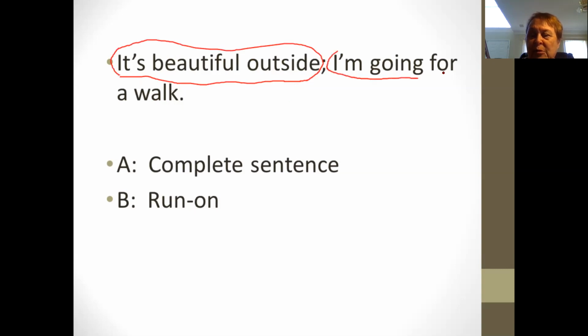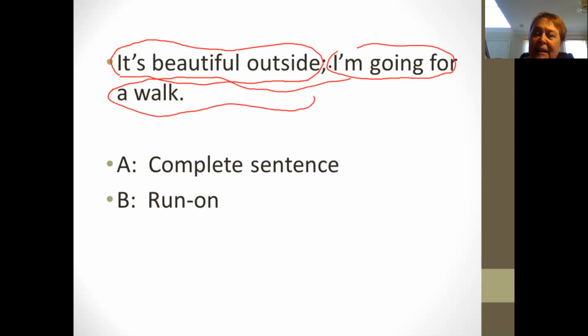I'm going for a walk is the second one. Okay. And notice they're connected together with a semicolon. All right, so that makes it a complete sentence. And notice also the use of the semicolon, because the first idea is beautiful outside, I'm going for a walk. You can see the connection between those two different ideas.